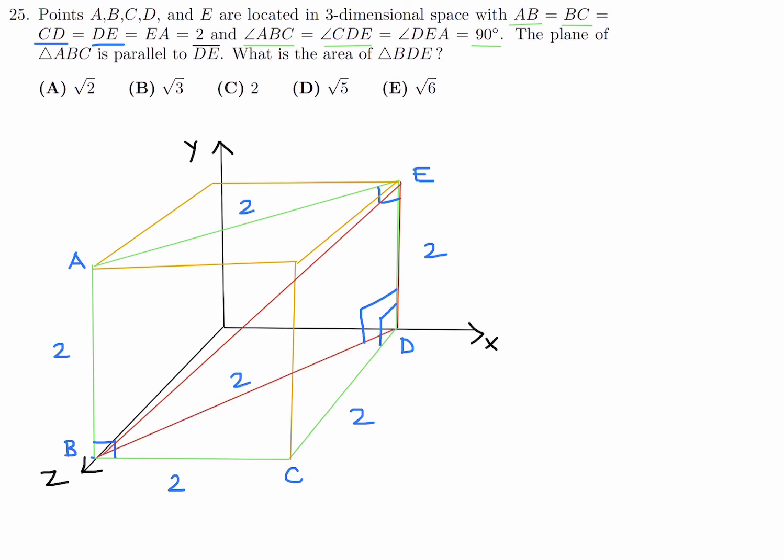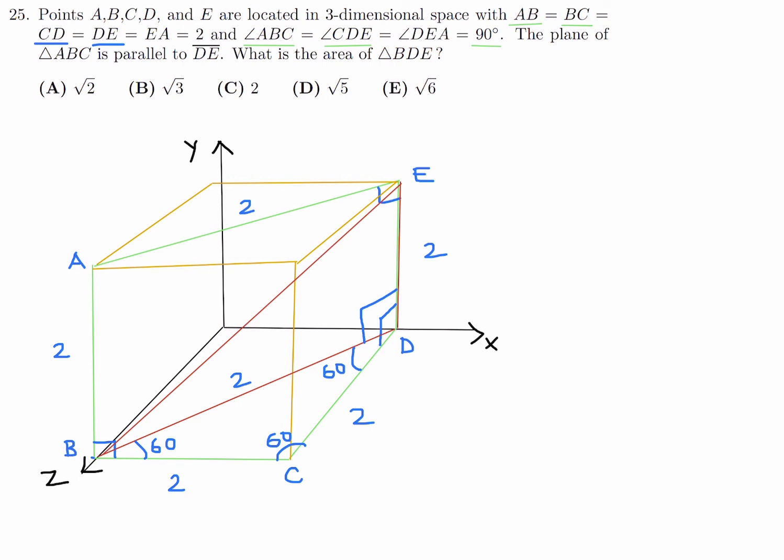Then it must also be 2. And if that's the case, then this is an equilateral triangle. So this angle, even though it doesn't seem like it, is 60 degrees. That's got to be 60 degrees. This has got to be 60 degrees. Okay, that's the only way this would match.